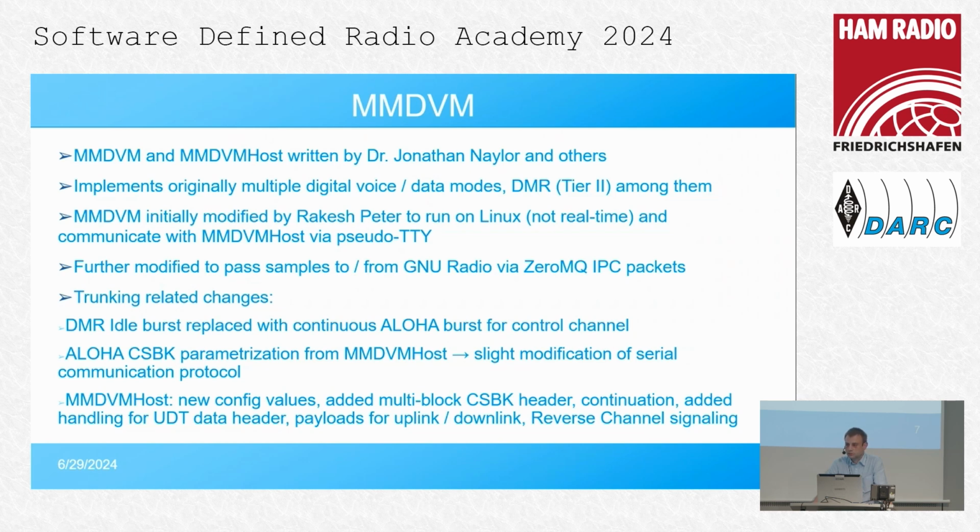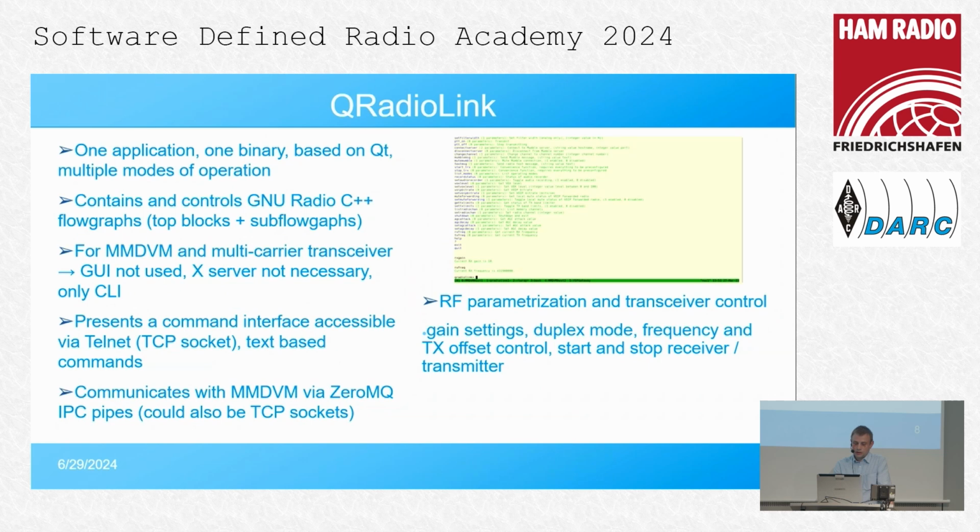Of course, some other modifications were also considered, like reverse channel. Reverse channel is basically signaling to the user radio during transmission on the other time slot. So the user radio, due to the TDMA structure, will basically listen to the reverse channel and process any requests.